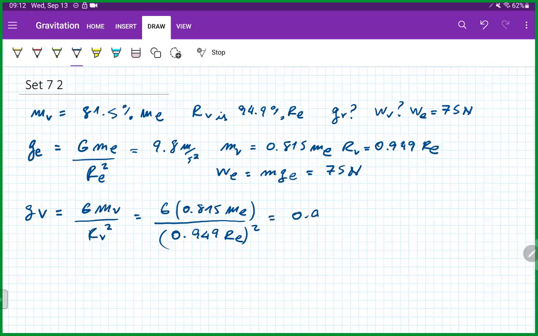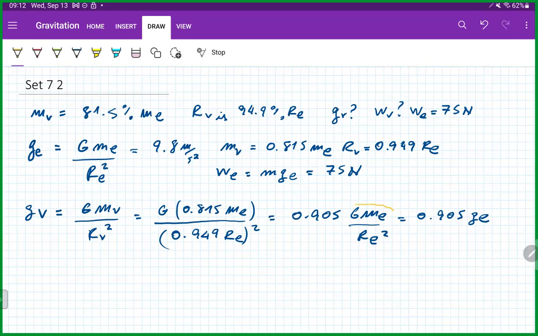That's 0.905 G mass of the Earth divided by the radius of the Earth squared. Right? So don't confuse this with a 6. This is G, right? The gravitational constant. And that's giving 0.905 g E, the acceleration of gravity for the Earth.